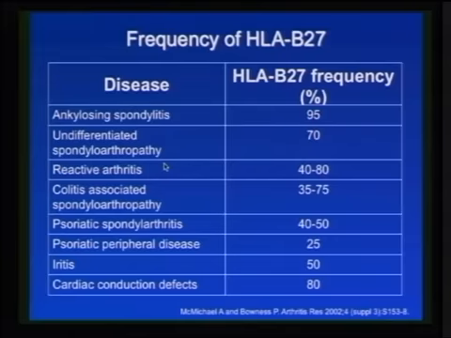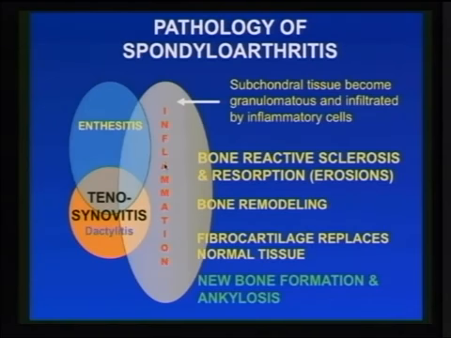What is important here is that we know the disease is associated with HLA positivity. The pathology of spondyloarthritis starts with inflammation. With granulomatous disease, inflammatory cells, and infiltration of the subchondral region, this is the starting point of the disease.